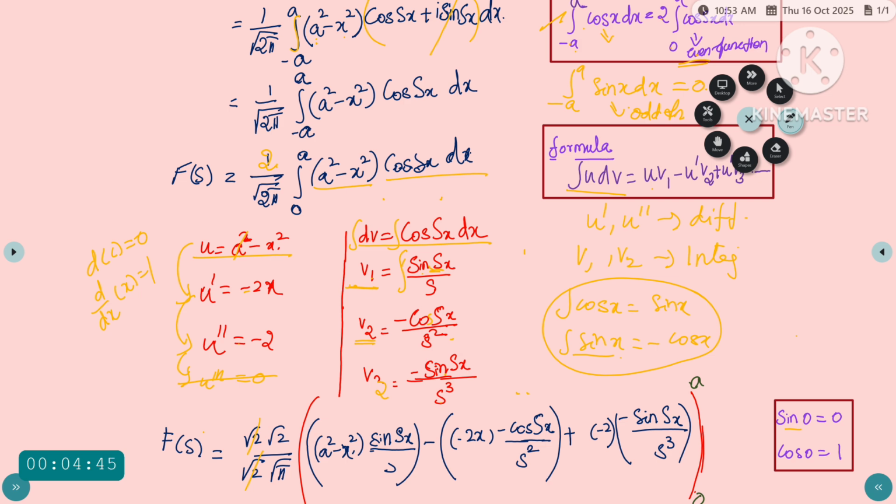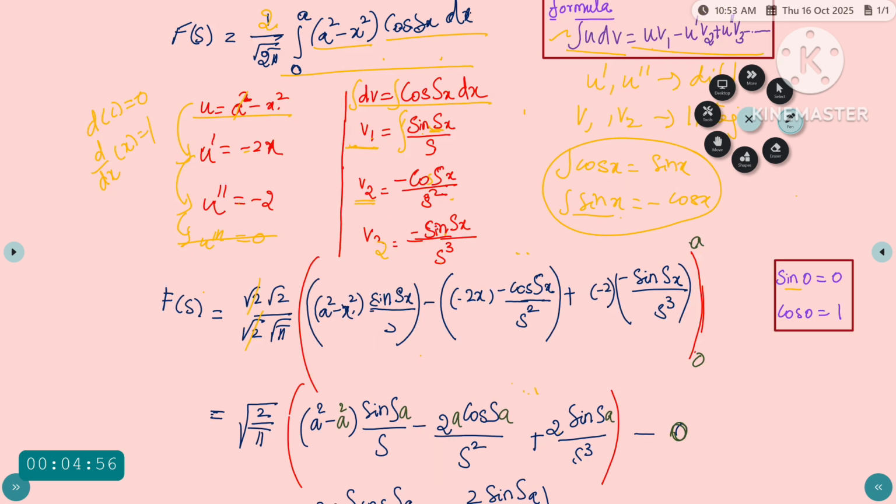Now apply the values in the formula of integral u dv. Instead of this integration, we are going to form the series. So apply the values in f of s. Okay, so f of s equal to 2 times, what is the value of 2?